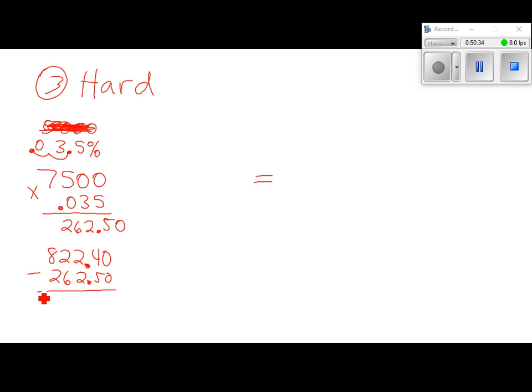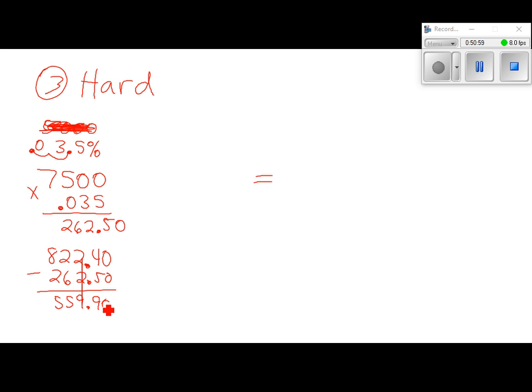What's that give us? Now's when you should be writing also, Nate. 559.90.